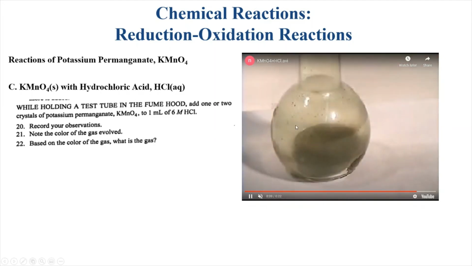Now, it's a little bit difficult to see, but you can see that a gas was generated, and the color of the gas is kind of evident here.